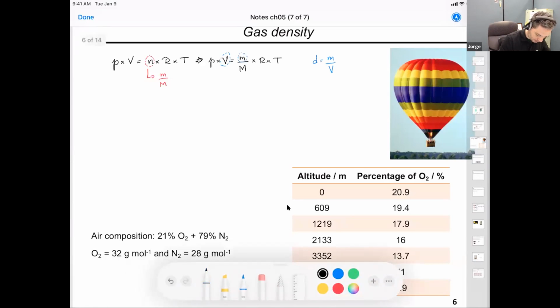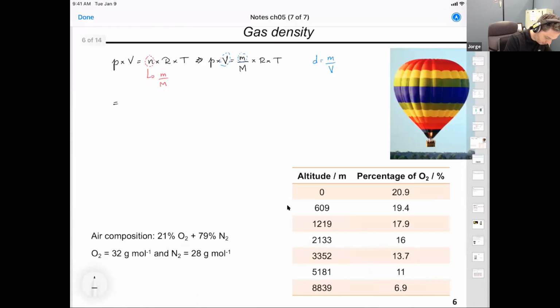So let's do some algebra. I'm going to move volume to the other side, and that's going to divide. So I'm going to end up with pressure equals mass over volume, and then 1 over molar mass, times R times the temperature.